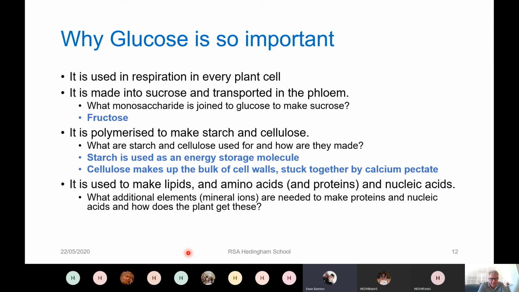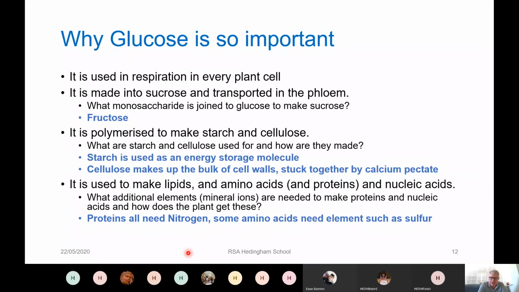What else is in nucleic acids? Think of the structure. What's the backbone of a nucleic acid? It's the sugar and phosphate. So what element is in phosphate? Phosphorus. So plants need phosphorus again. So they all need nitrogen.